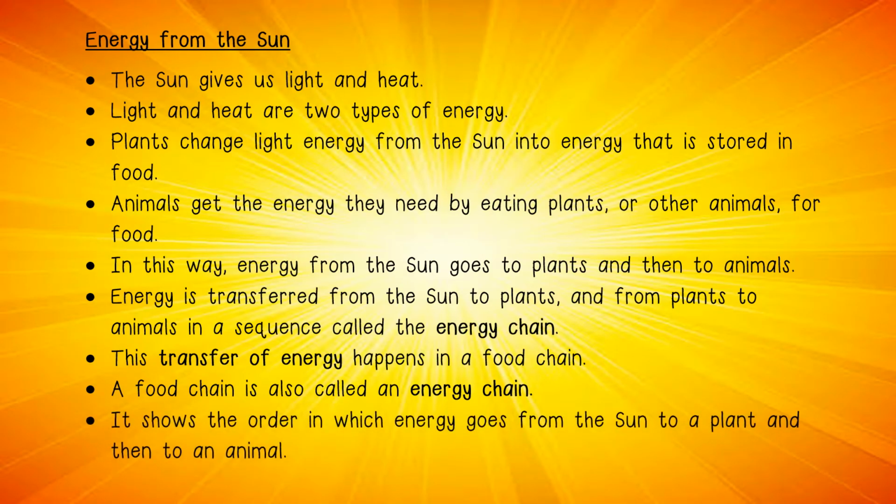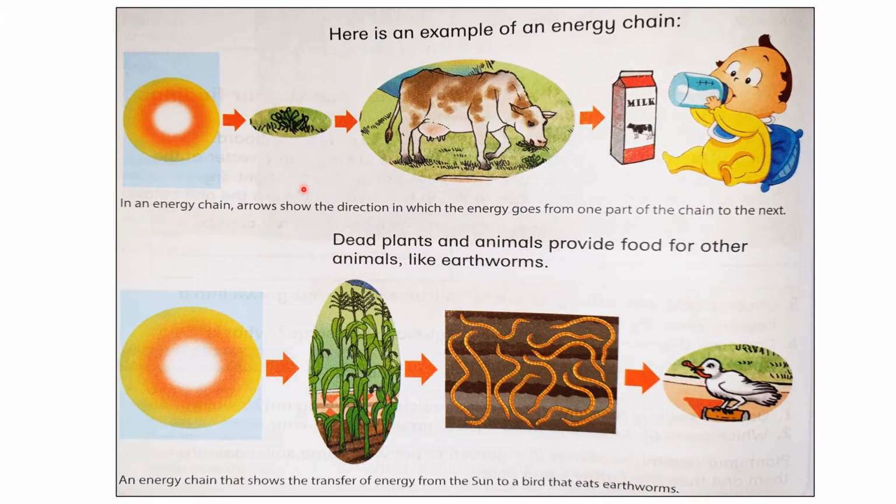It shows the order in which energy goes from the sun to a plant and then to an animal. Here's an example of an energy chain. Remember, an energy chain is also known as a food chain.